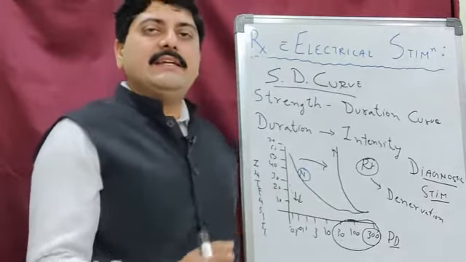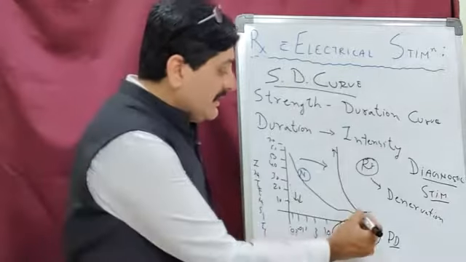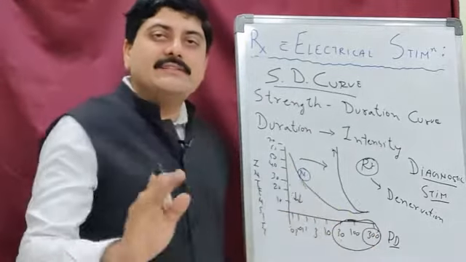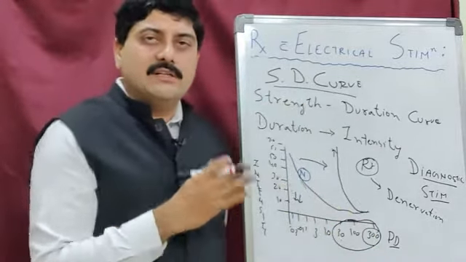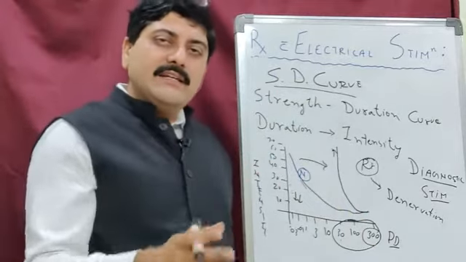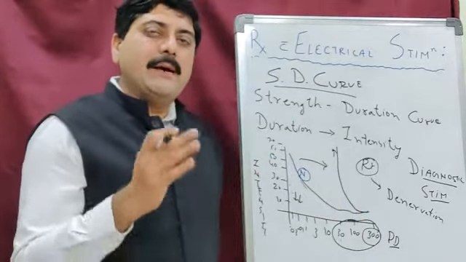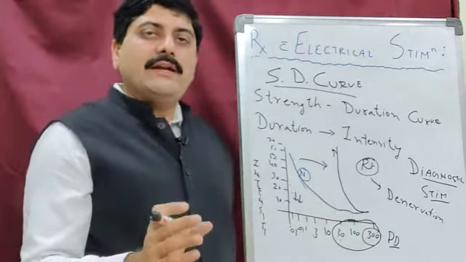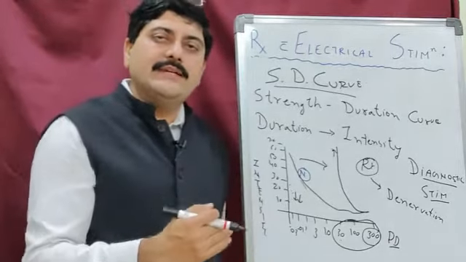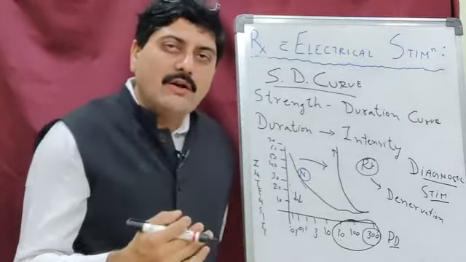And this increase in the intensity is graded, and it is a slow rise. It is not a sudden rise. If the muscle is denervated, then in spite of a broader duration of current, as you tend to reduce the intensity, the muscle is not responding.